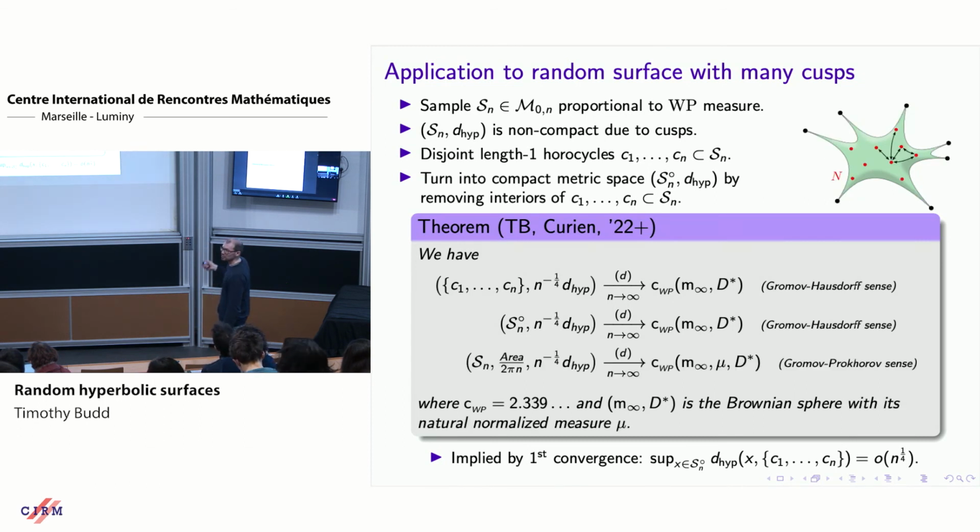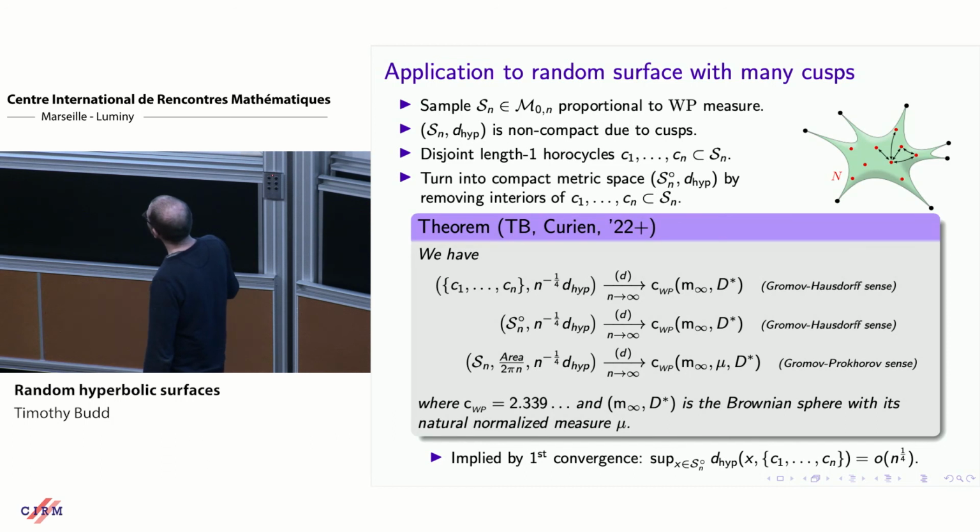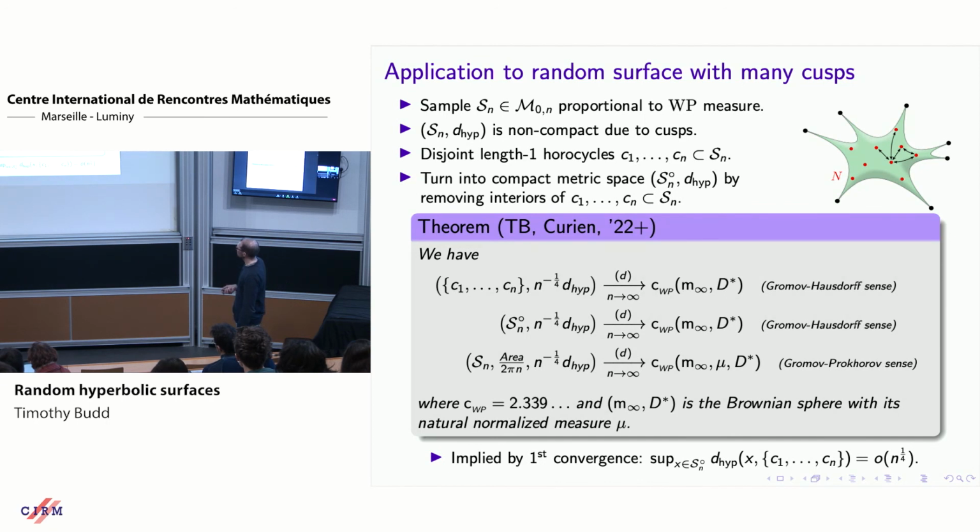If you really want to talk about the full surface, you should not be working in a Gromov-Hausdorff topology, but you can, for instance, look at a Gromov-Prokhorov topology of metric measure spaces. So I equip the hyperbolic surface with the area measure normalized to have total measure 1. And then we have convergence to the Brownian sphere with its natural normalized measure. So there is this explicit constant appearing in front of the Brownian sphere.